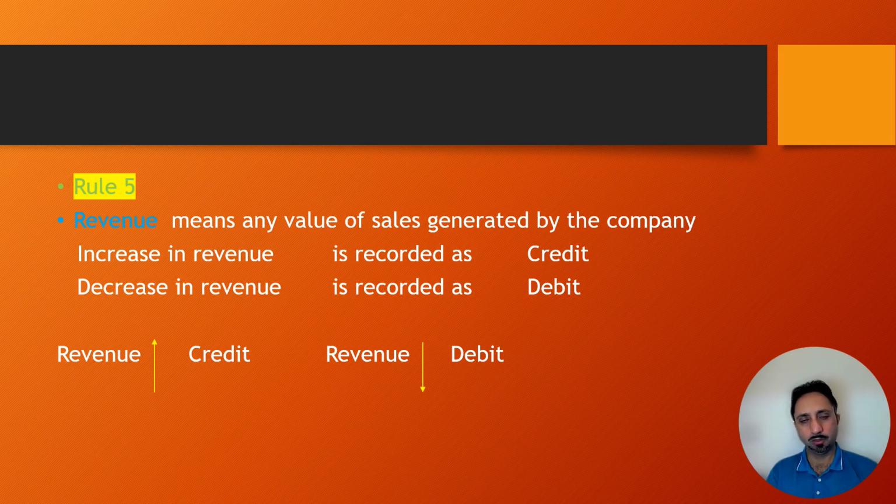And what is revenue? Revenue is basically the value of sales generated by the company. So whatever sales the company has made, the worth of that sales is called the revenue. So following rule number 5, increase in revenue is credited and decrease in revenue is debited.